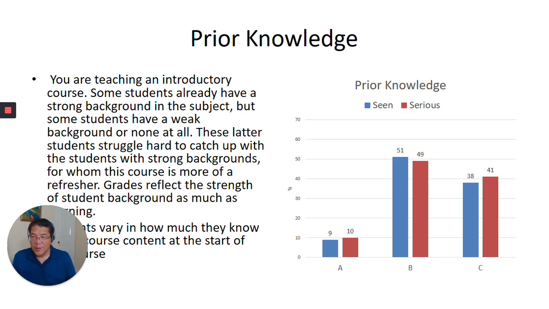In Alabama, this is especially a problem because the quality of high schools varies so greatly from the highly affluent school systems to the really, really poor ones. So students coming into an introductory class, for some students it's a review, for other students it is the first time they've ever seen anything like this, and those students are at a huge disadvantage.